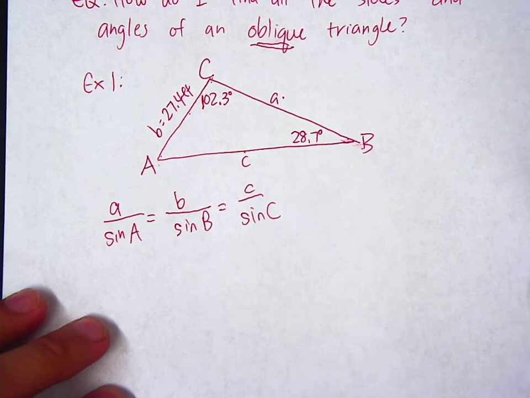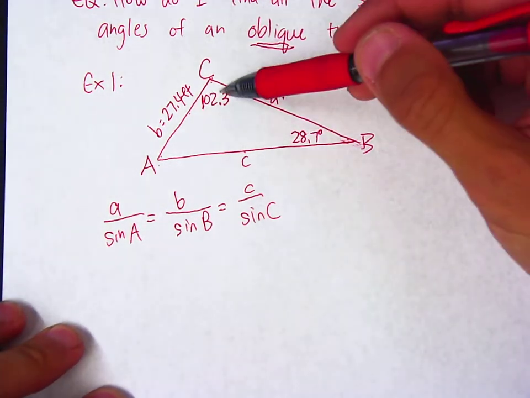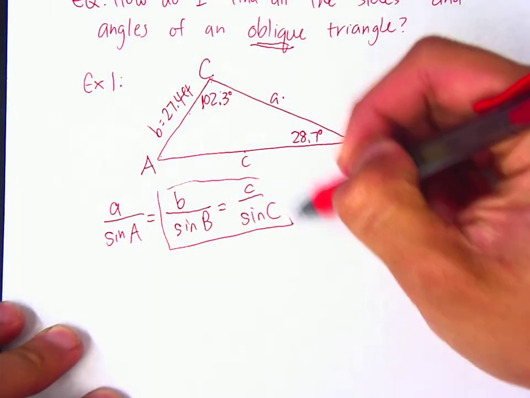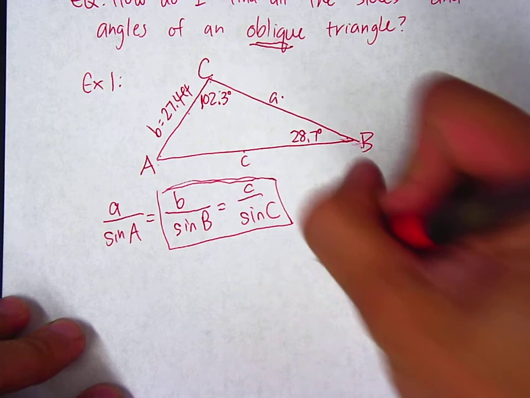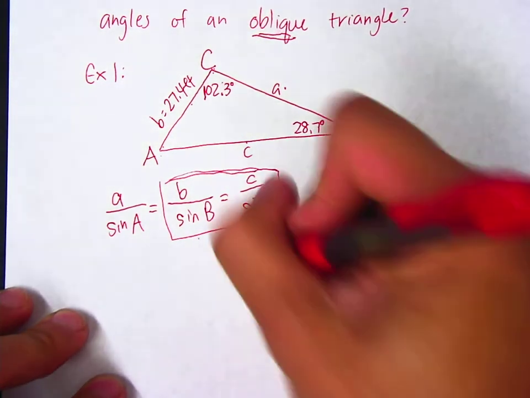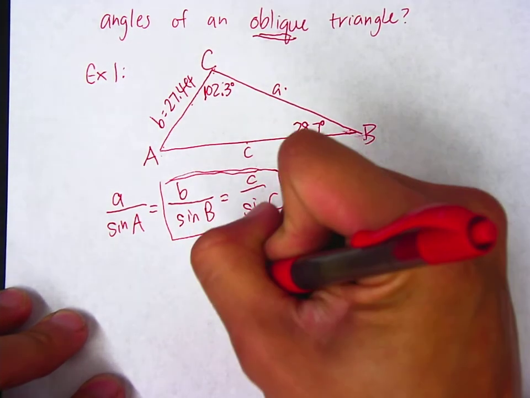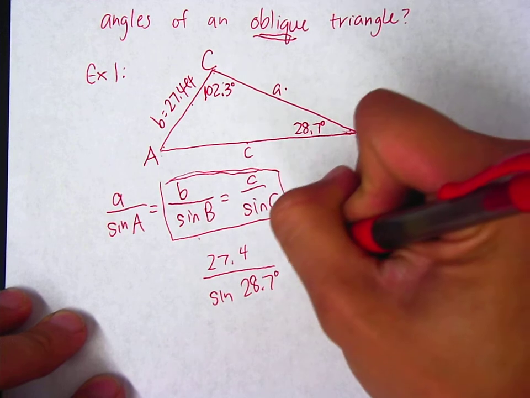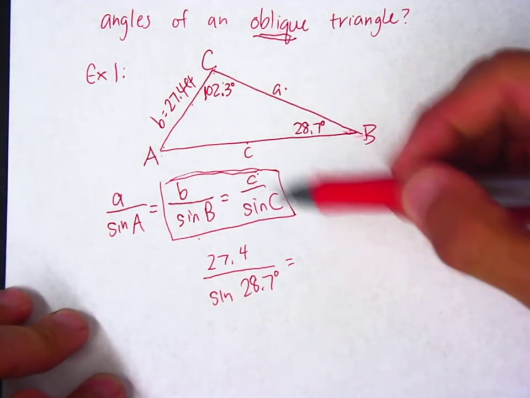I know B and sine B, and I know angle C, so I can probably find side C. So I'm going to use these two instead, B and C, and I'm not going to use A. So B over sine B would be 27.4 over sine of 28.7 degrees. Again, we're in degrees, so make sure on your calculator you're in degrees. That equals C over sine C.